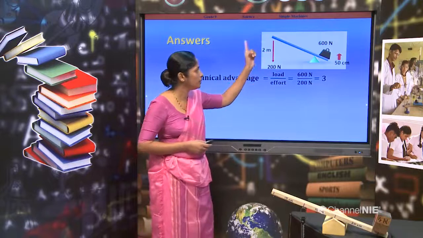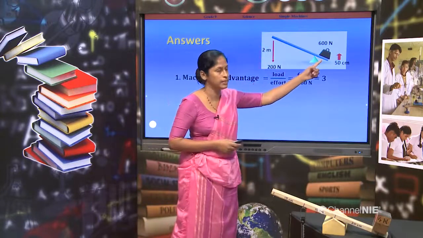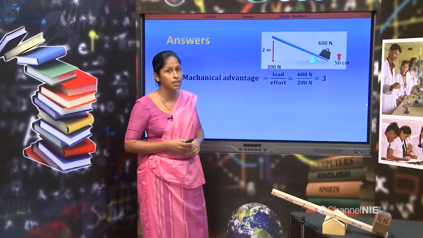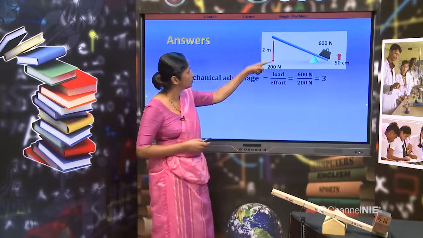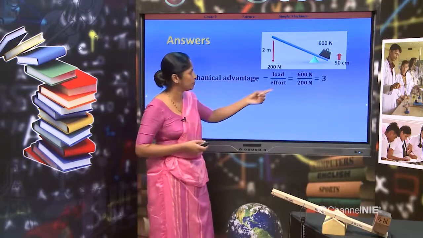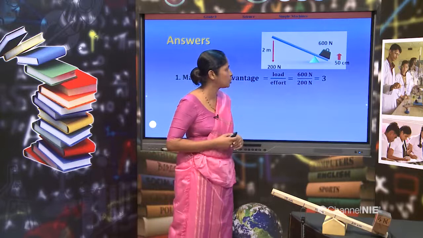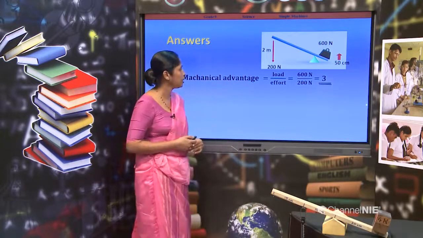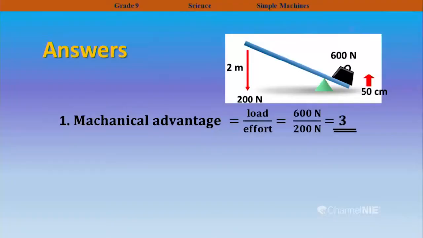What is the load here? This 600 Newton. What is the effort? 200 Newton. Very easy. 600 divided by 200, that is 3. So, that is the mechanical advantage.